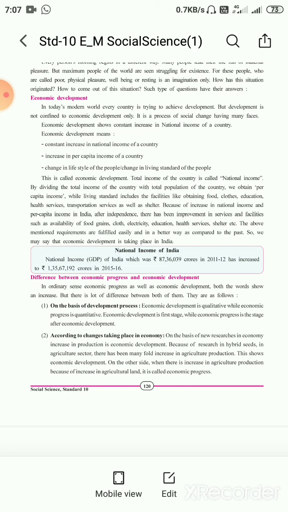Here, by the word living standard, we mean facilities availed by the people like food, clothes, education, health services, transportation services, including shelter also.